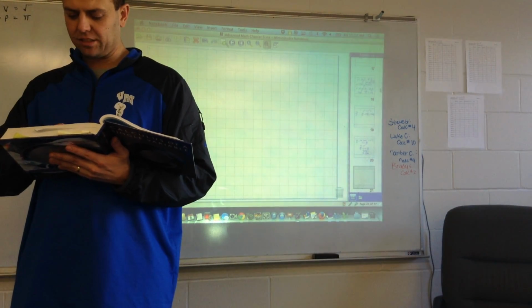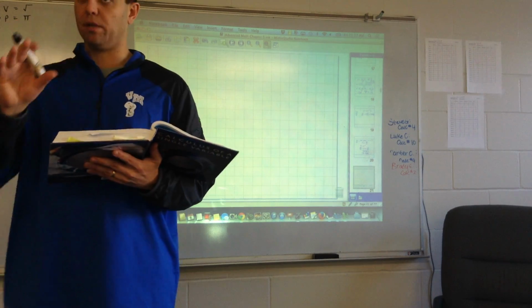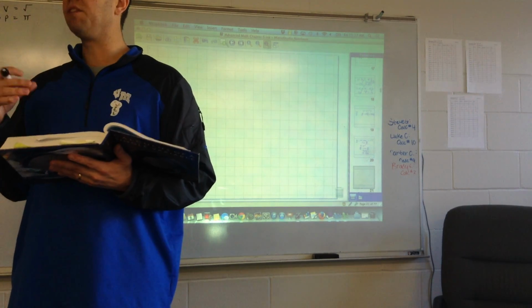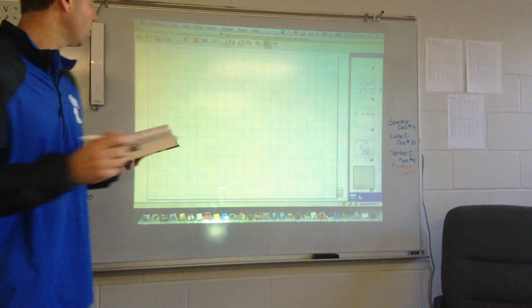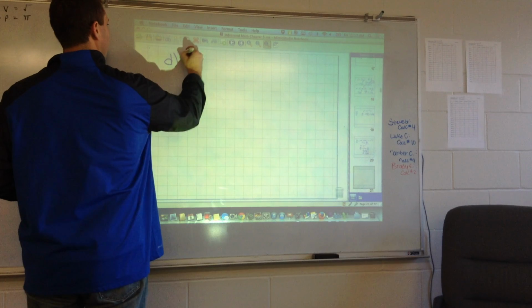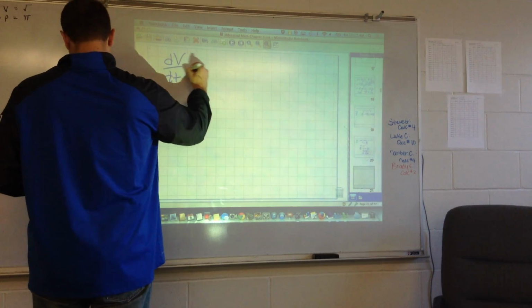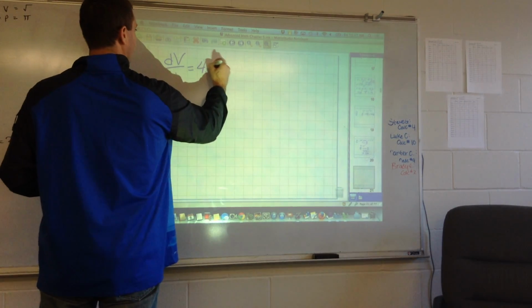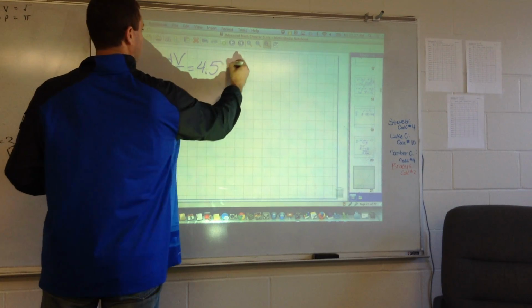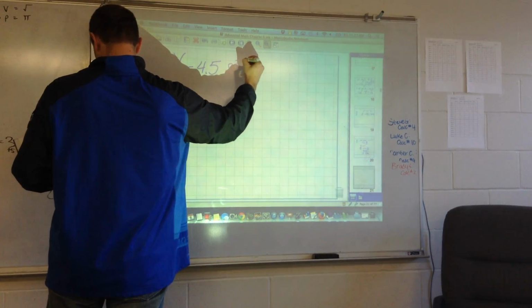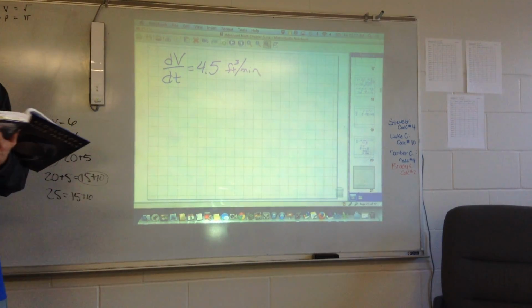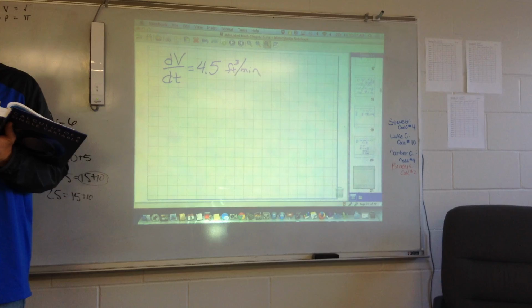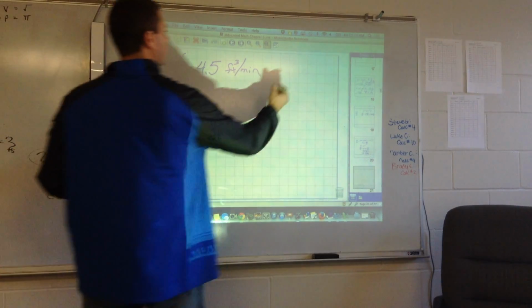That's how fast air is being moved into this balloon. That's the amount of volume being put into this balloon. So dV dt equals 4.5 cubic feet per minute. What else do we know? The radius is 2 feet.